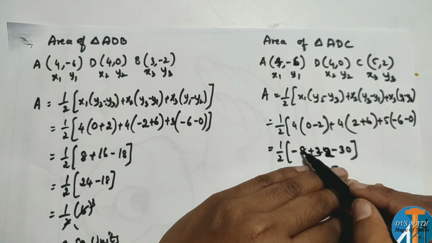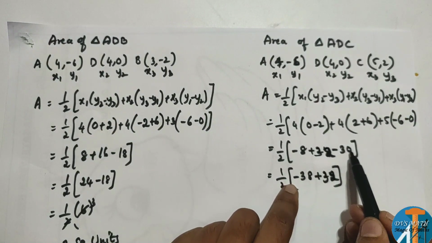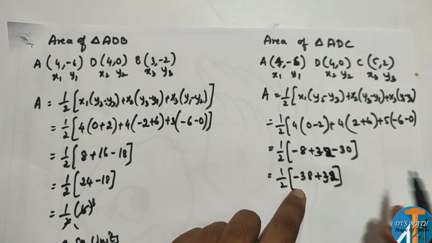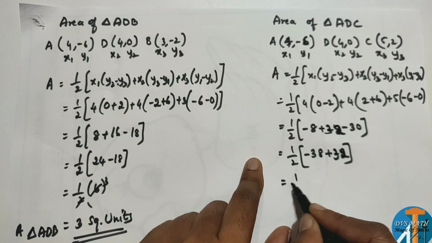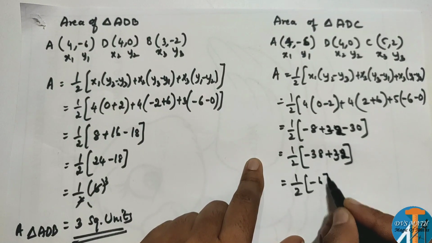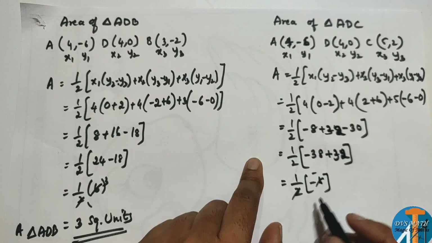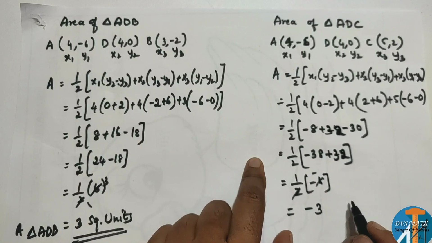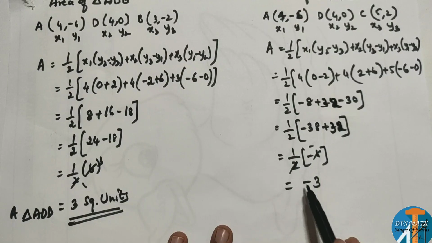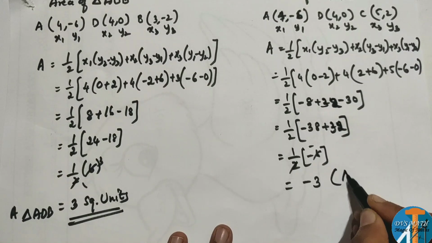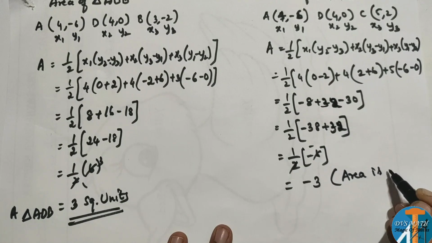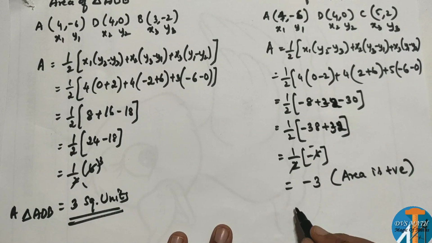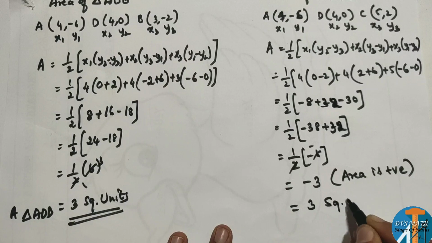Now if we simplify, minus 8 minus 30 is minus 38 plus 32, which is minus 6. Half of that is minus 3. You can ask me, ma'am, how can it be negative? Observe, whenever we are considering area, area will be positive. So it is 3 square units.